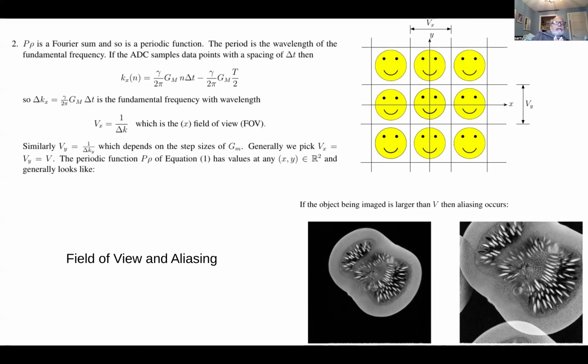So there's a number of ways to do that, but basically, let's say you're interested in imaging the heart, right? The heart's smaller. You cannot avoid aliasing.